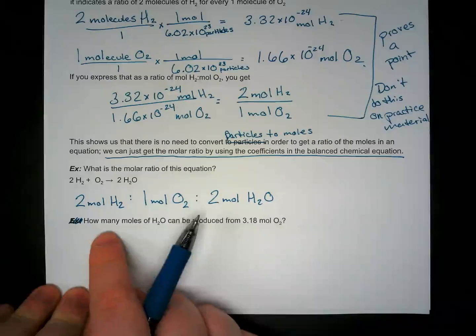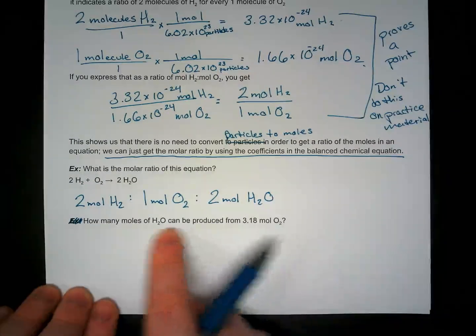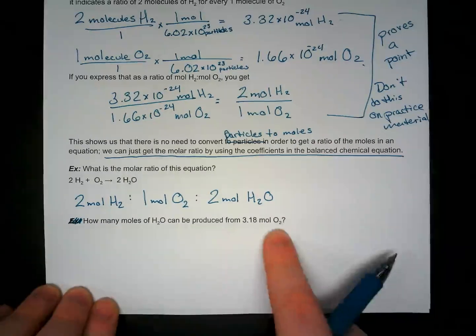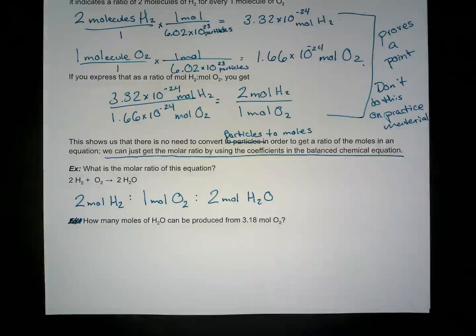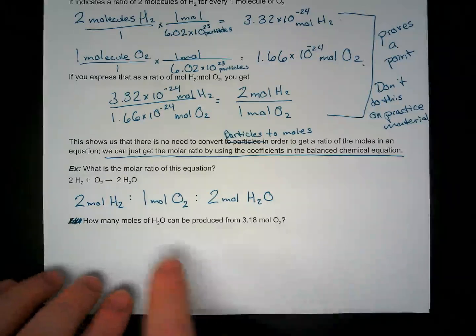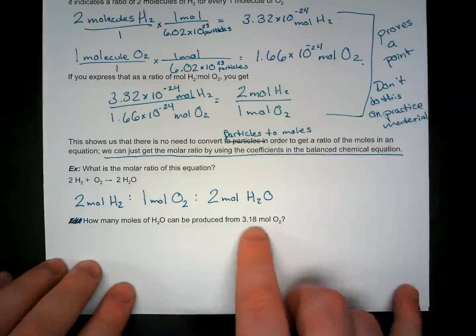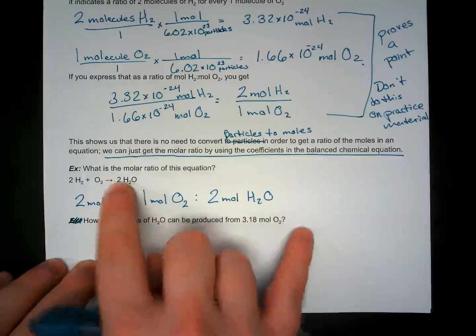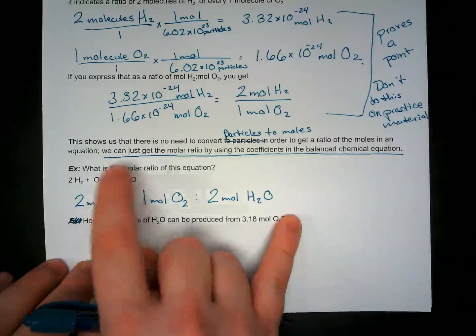You'll be asked, using these balanced equations, how many moles of, say, H2O can be produced from 3.18 moles of O2? Okay. So you'll be asked questions like that. What we're trying to say is, using this balanced equation and the measurement of O2 that you're putting into this equation, you're going to be putting 3.18 moles of oxygen gas into this equation.